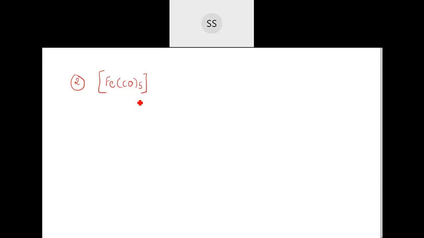Yes, what is the name? Common name, okay? Common name you have to write, common name of that transition metal.